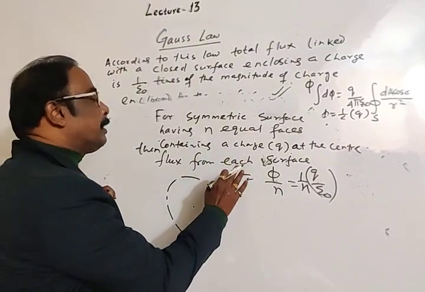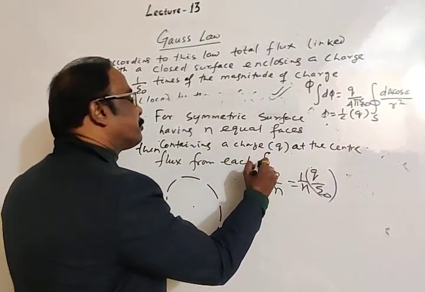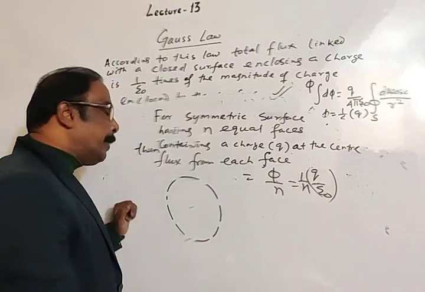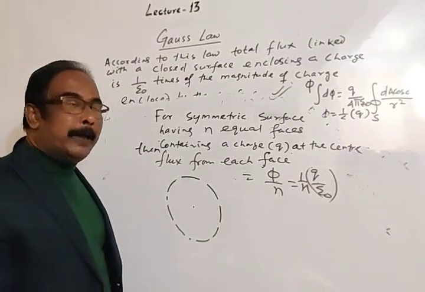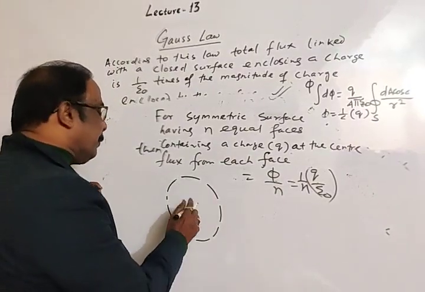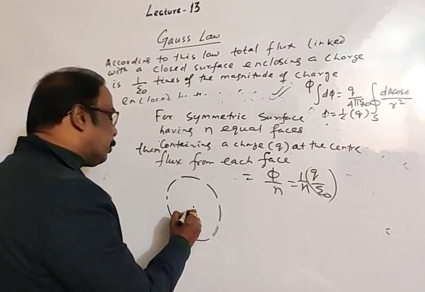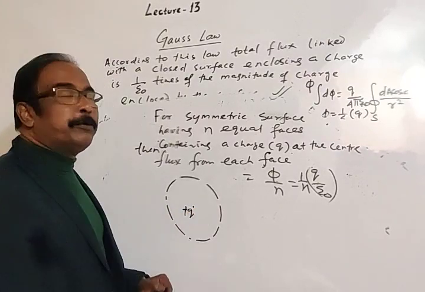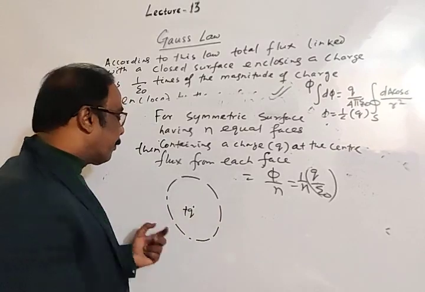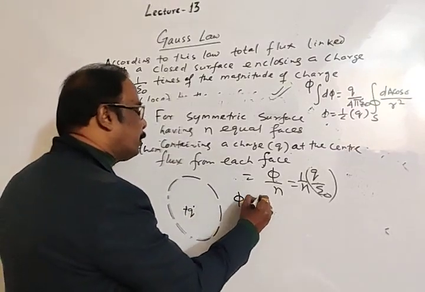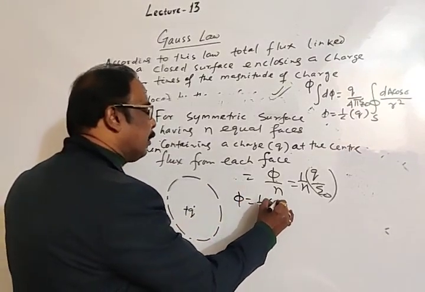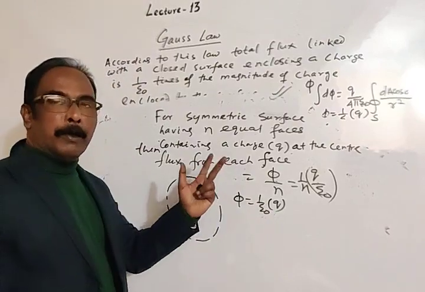If this is a spherical surface and the charge is at the center of the sphere, then total flux is 1 by epsilon naught times the charge enclosed.